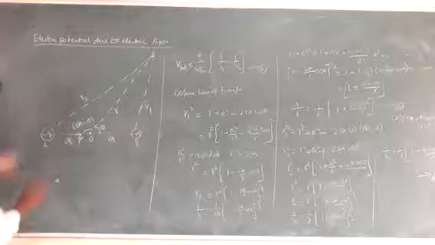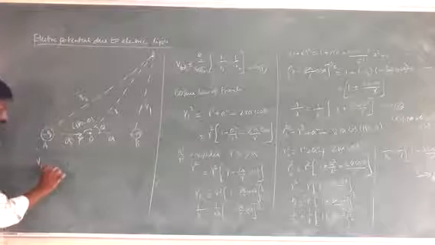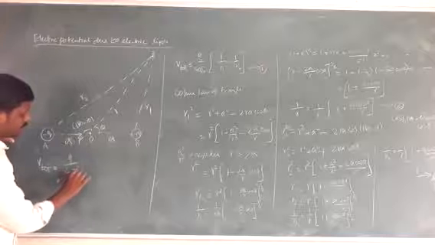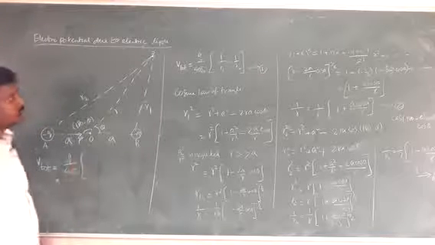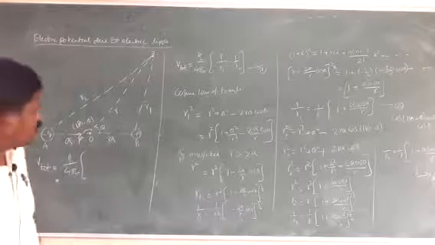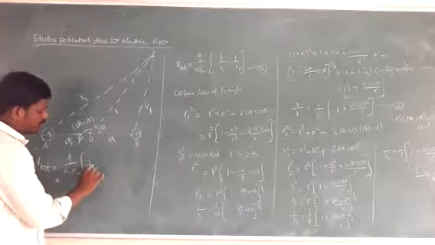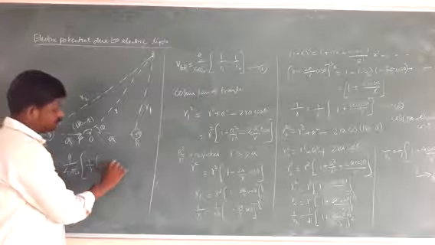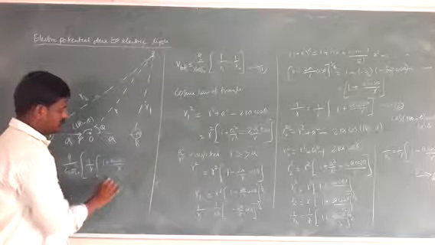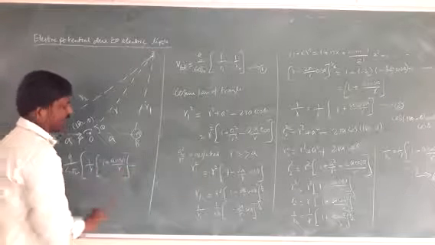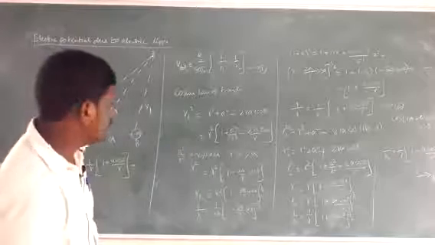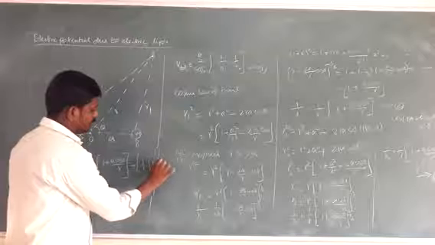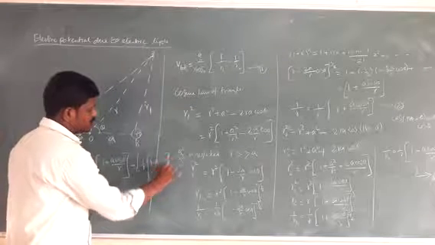So V total is equal to, again, q by 4 pi epsilon naught times 1 by r1, which is 1 by r times (1 plus a cos theta by r), minus 1 by r2, which is again 1 by r times (1 minus a cos theta by r).